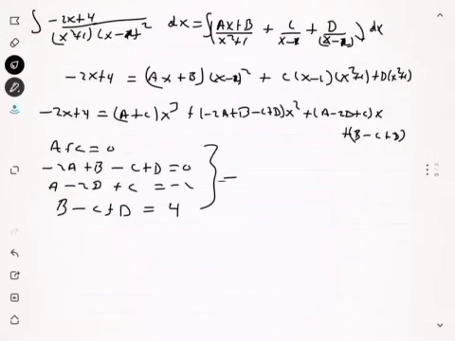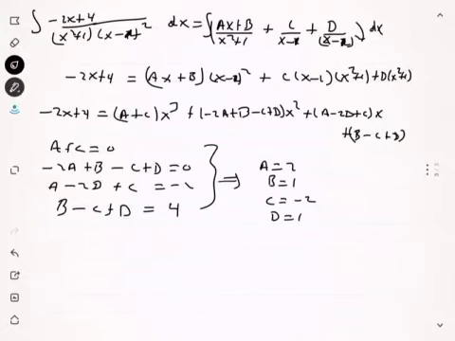Okay, solving these systems of equations using whatever you want, Gaussian elimination or maybe just the graphing calculator, you get a equals 2, b equals 1, c equals minus 2, and d equals 1.